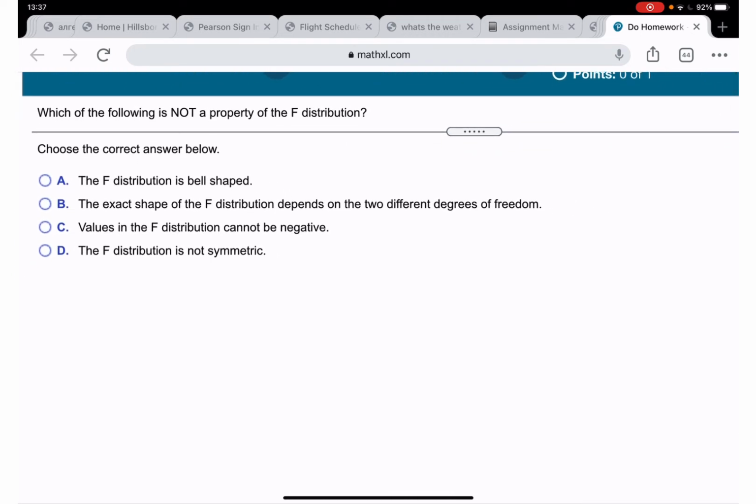That is true. The exact shape of the F distribution depends on two different degrees of freedom. That's very true. If you watched the lecture, you know that to find the critical value, you use two degrees of freedom as well as the test statistic. So the only thing that is not a property is that the F distribution is bell-shaped. Otherwise, it would be called a normal distribution instead of an F distribution.